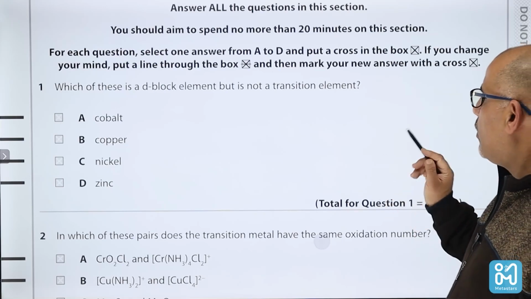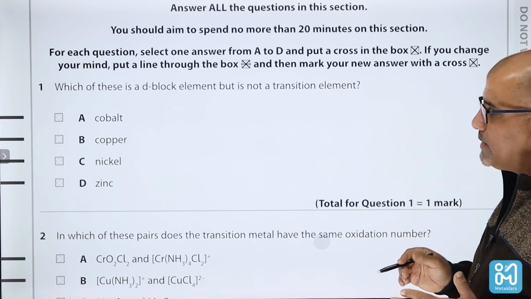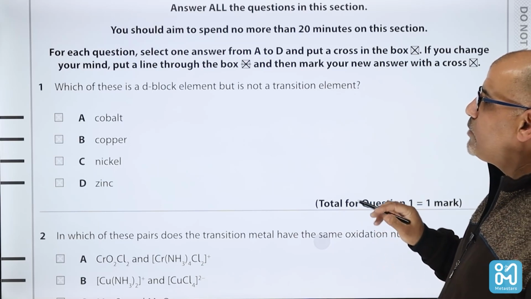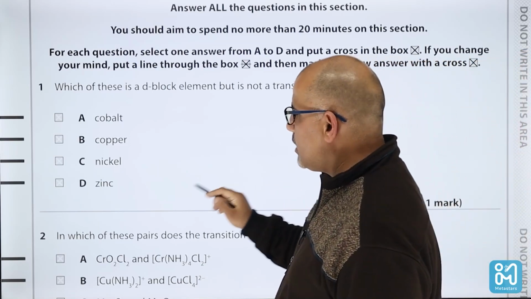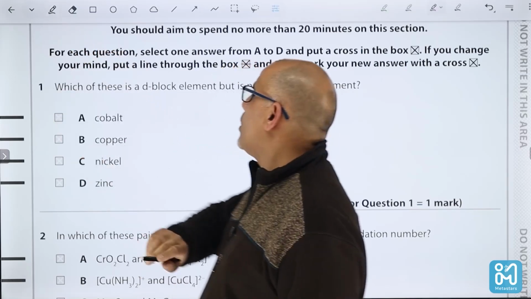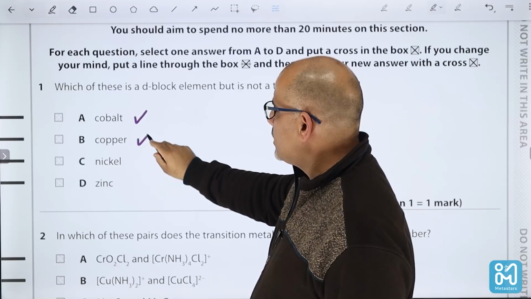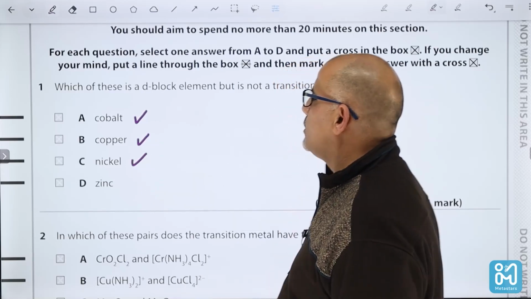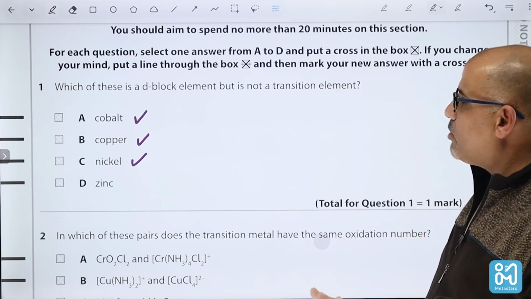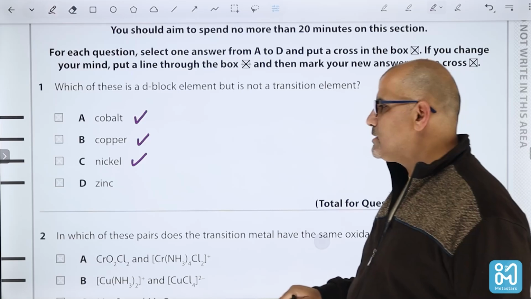The definition of a transition element is that it has D orbitals which are partially filled. If you return to the periodic table, all these elements, cobalt, copper, nickel, will form positive ions with partially filled D orbitals.